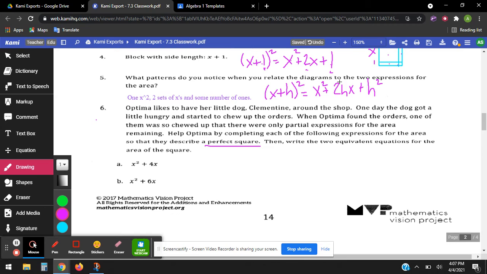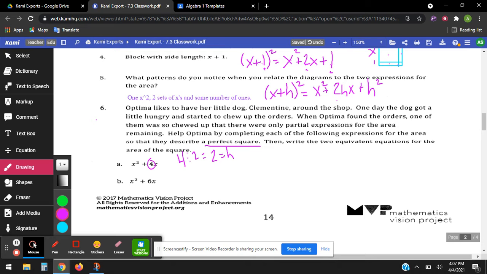So if I notice that this is twice as much as my h, and then if I square it, I get my c. I need to find c, right? Well, b here, if that's 2h, then 4 divided by 2 gets me 2, which equals h.